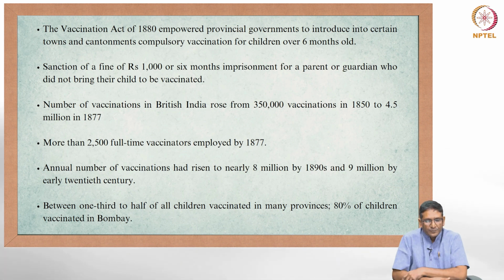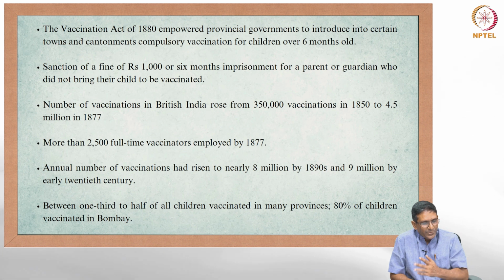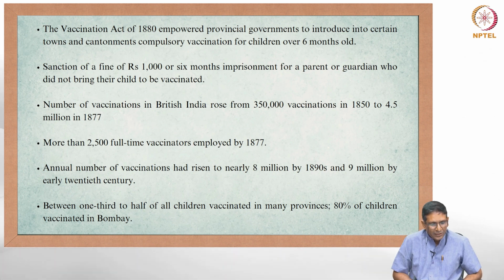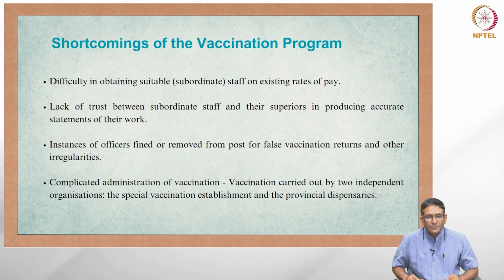The annual number of vaccines also rose to nearly 8 million by the 1890s and 9 million by the early 20th century. So all this meant that nearly 1/3 to 1/2 of the children were vaccinated in many provinces, and in Bombay, as you would expect, considering the system we just saw, it's not surprising that it had as high as 80% of its children vaccinated around that time.